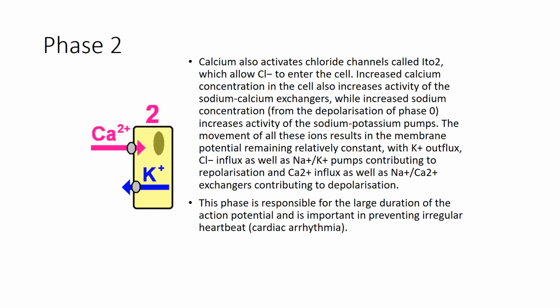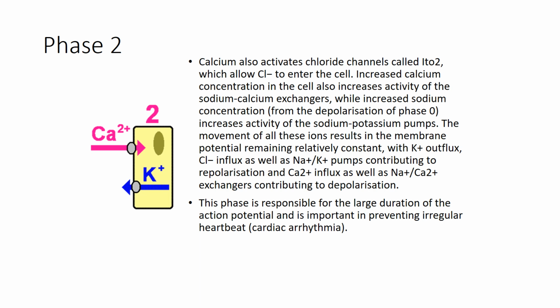Phase 2. Calcium also activates chloride channels called Ito2, which allow chloride to enter the cell. Increased calcium concentration in the cell also increases activity of the sodium-calcium exchangers, while increased sodium concentration, from the depolarization of phase 0, increases activity of the sodium-potassium pumps.